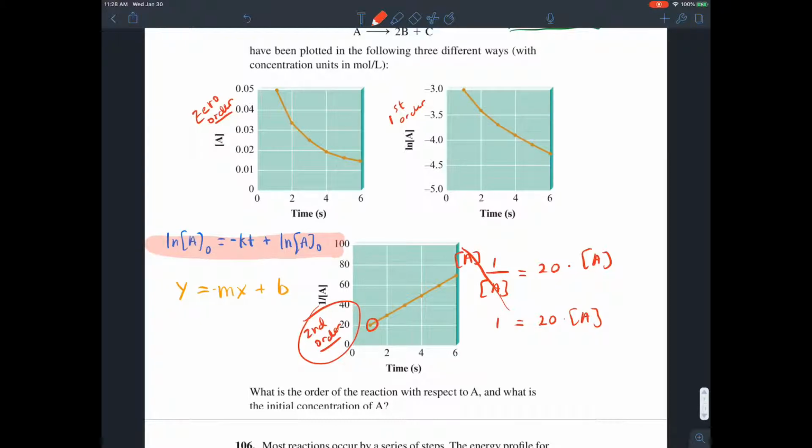I want to isolate A, so I divide both sides by 20. So 1 over 20 is equal to the concentration of A at the starting point. 1 divided by 20, that answer is going to be 0.05 molar.